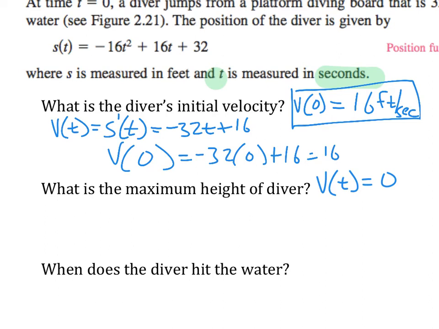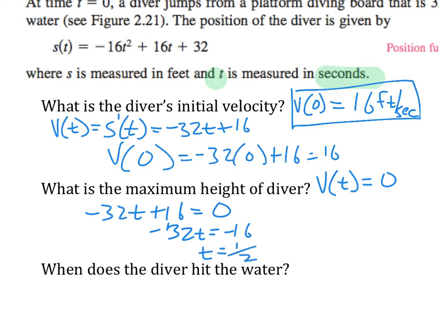So our velocity was negative 32t plus 16, and we want that to be equal to 0. So we got negative 32t equals negative 16. So t equals, dividing by negative 32 on both sides, a half. So t is 1/2 second. So at 1/2 second, velocity will be 0.